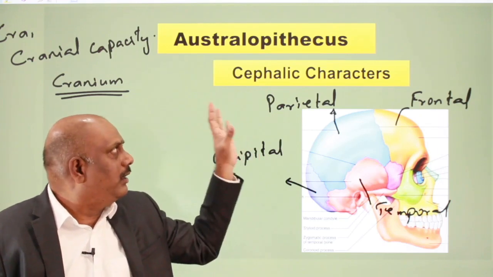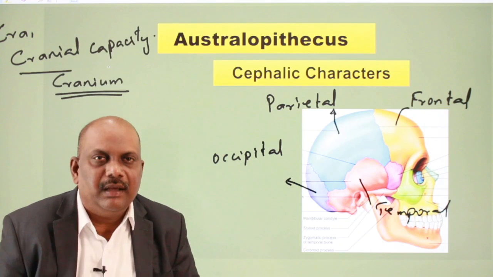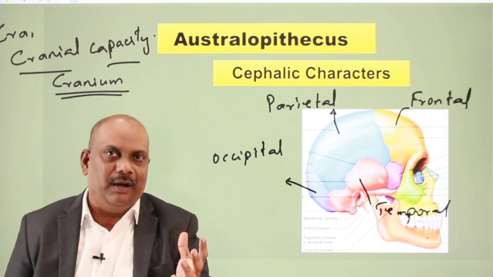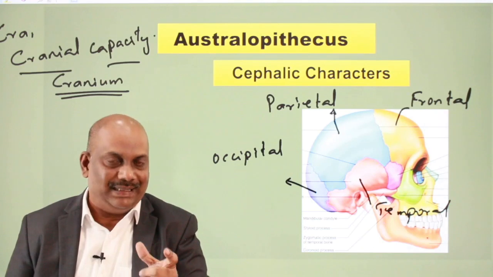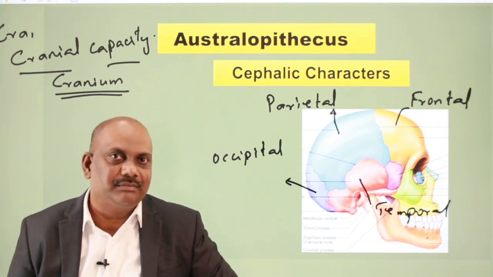By cranial capacity, we refer to the capacity of the cranium to hold a brain. Indirectly, this refers to the size of the brain.